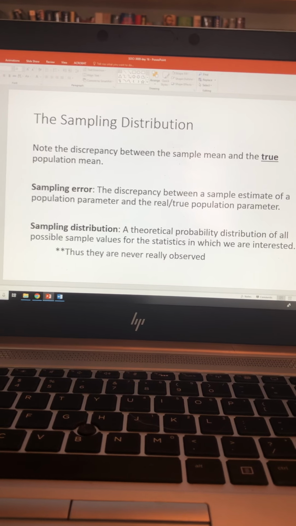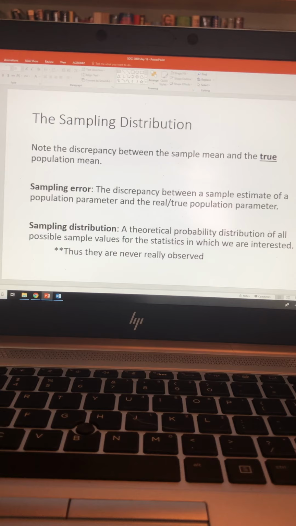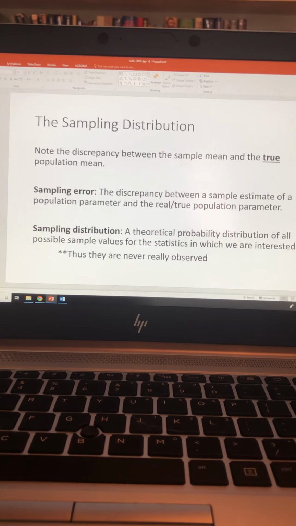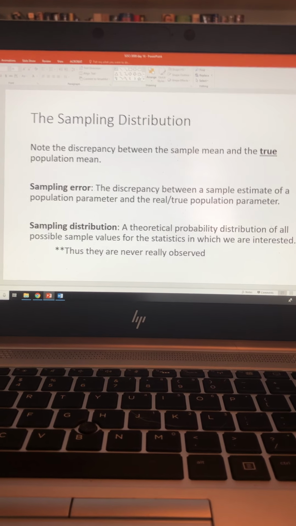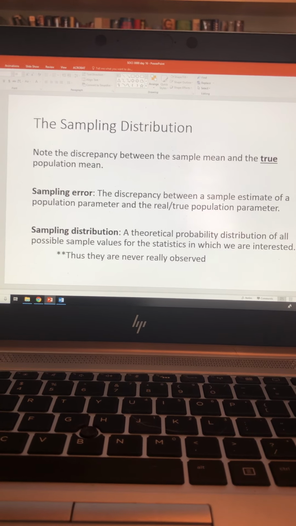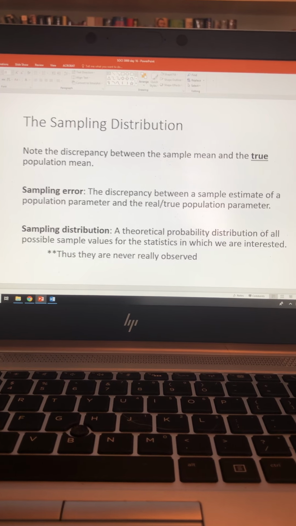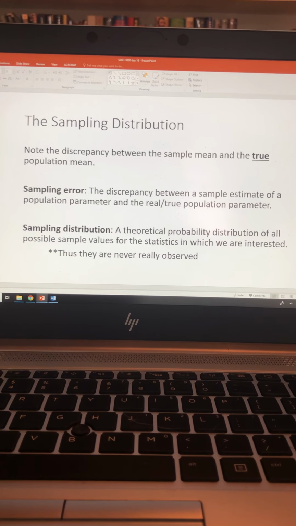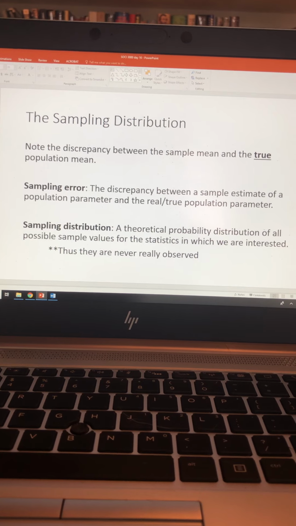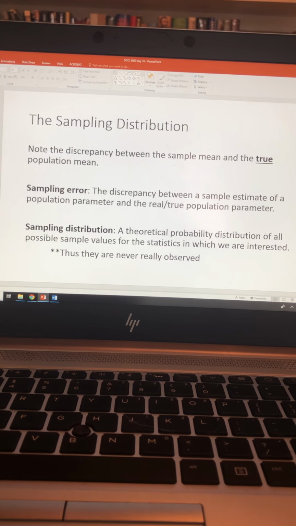So you had a sampling distribution that you created where you had several means generated from the samples. Now they were all trying to estimate that one population parameter, but they were slightly different because the samples you took had different people in them, so you're going to get a little variation. But that's what was going on with the sampling distribution. You can think of it as a distribution of possible sample means.